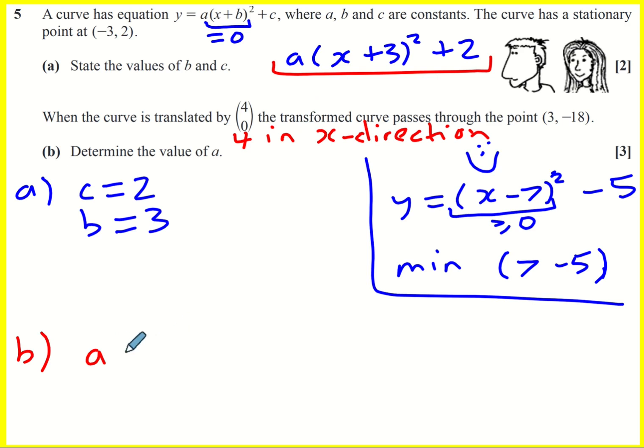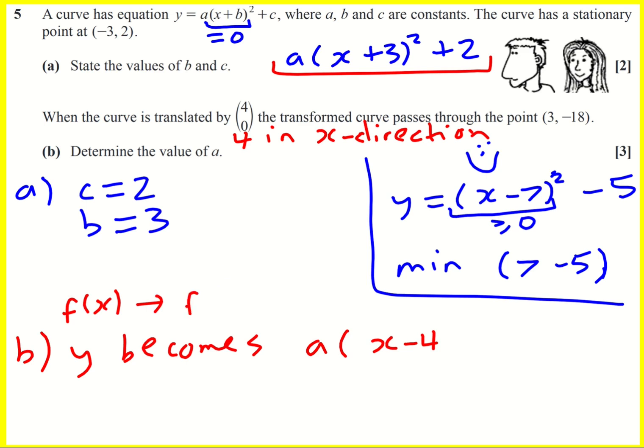And what that's going to mean is that the function y becomes a, and then I replace my x by x minus 4, because f(x) is going to become f(x minus 4) for this translation of 4 in the x direction.